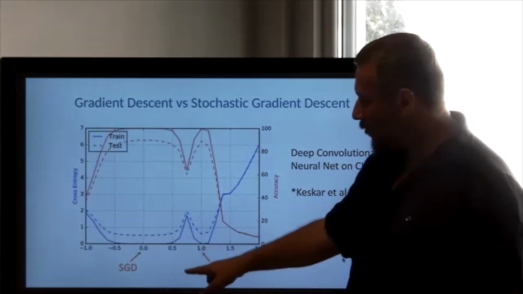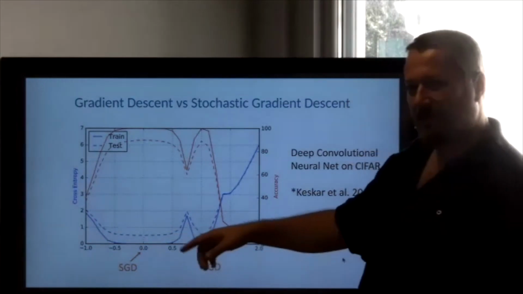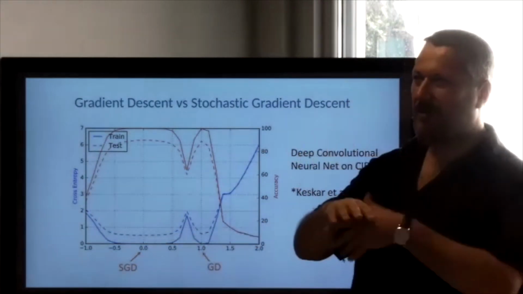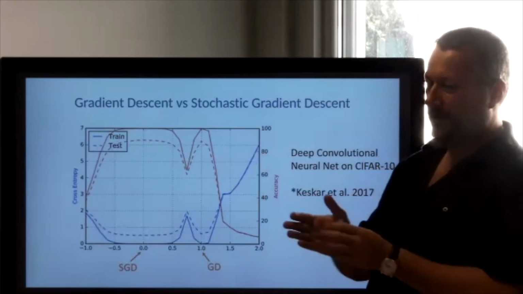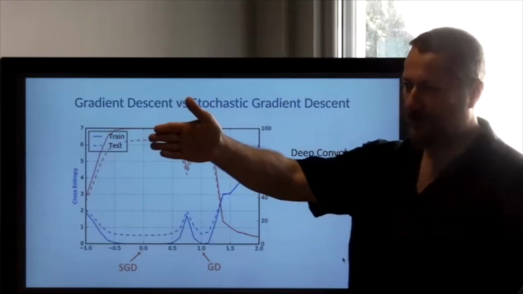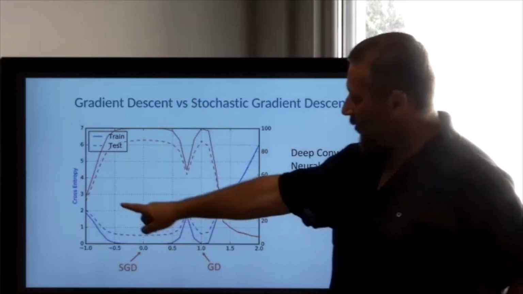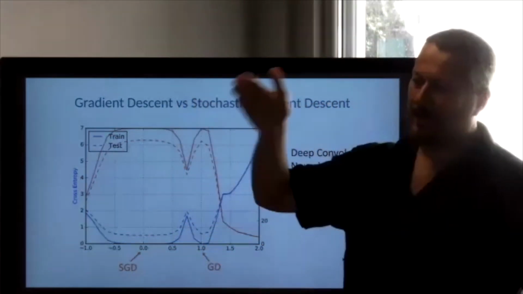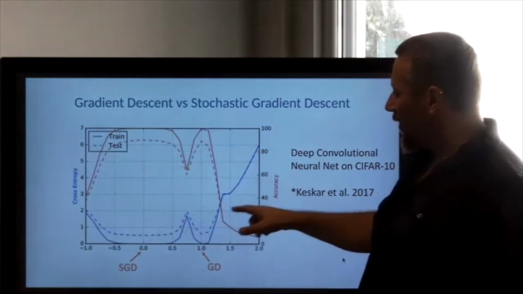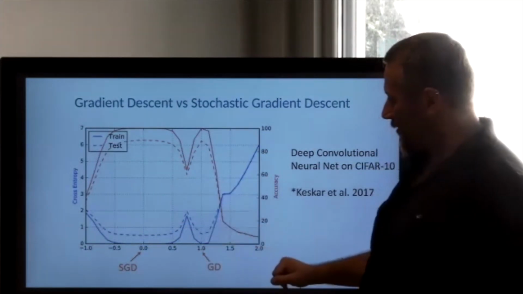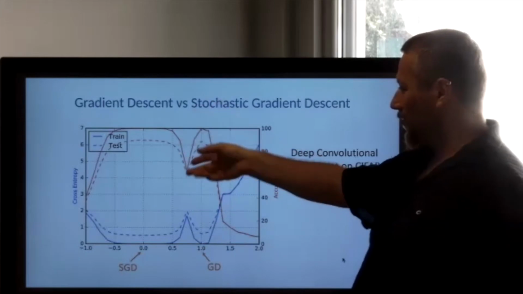And then they draw a line. Okay, this is a function with millions of variables, but you can draw a line from one point to the other. And then over that line, they calculate the values of the training function and the testing function. And also they look at the accuracy.